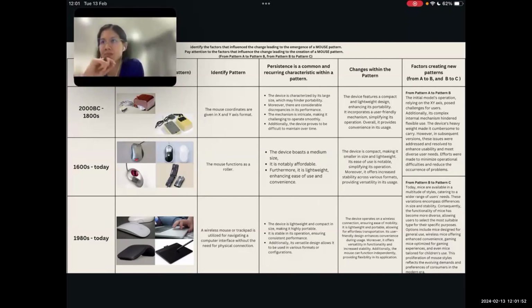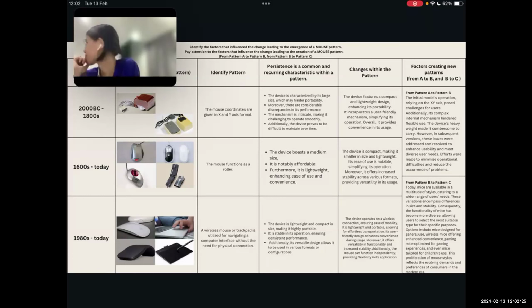The pattern A, the initial model, optionally relies on the X, Y, and access port. The challenge is the heavyweight model. And pattern B, the design is compact, lightweight, and smaller inside.